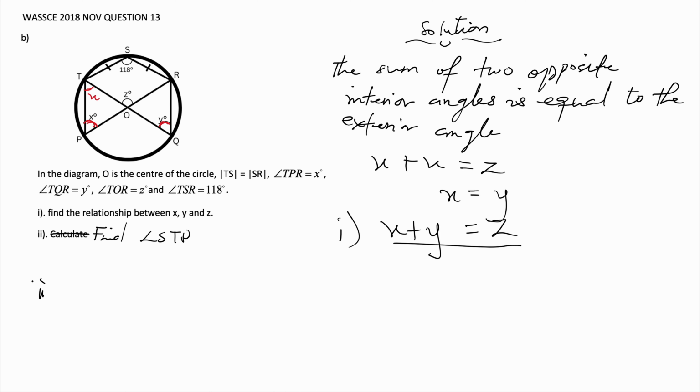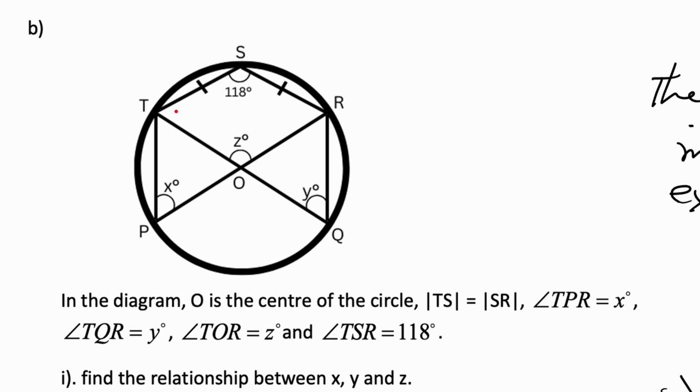Now II says find the angle STP. So again, let's clean everything up. Now this is the angle STP. But before that, let's draw a line here and take this triangle STR. Now this line and this line.